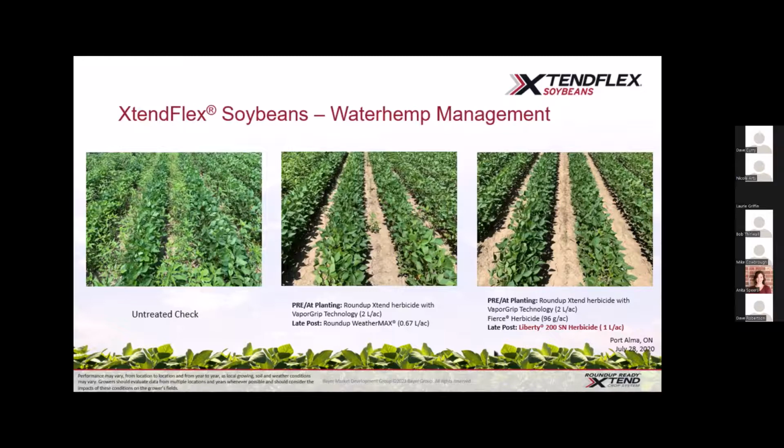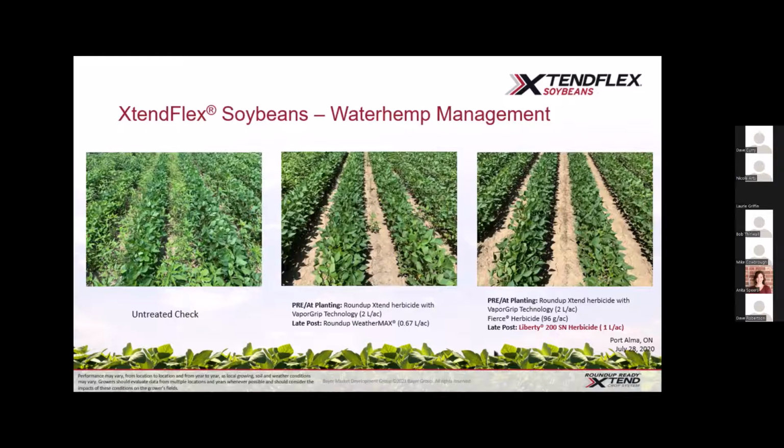One of the best recommendations that we found, and I think Mike, you had a good picture on this as well, included Roundup Extend with Fierce herbicide at pre-emergent, or at that planting time, and then coming in later with a Liberty herbicide at 1 liter per acre.